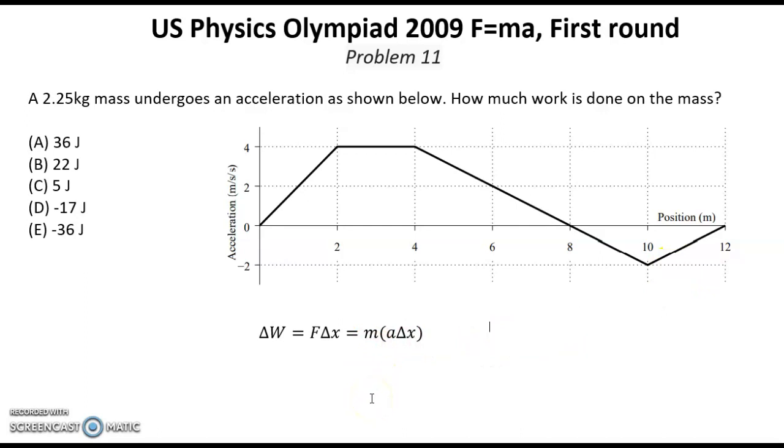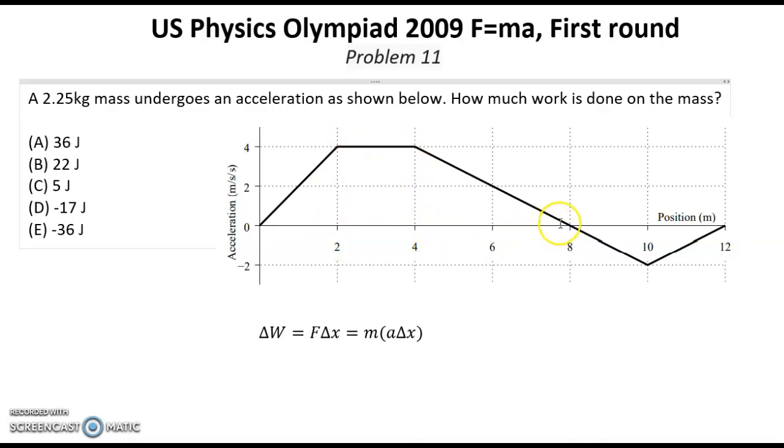That will be the solution. Let's calculate this area. From 0 to 2, that will be the area of this triangle, which is 4. After that, this area from 2 to 4, which is 8.